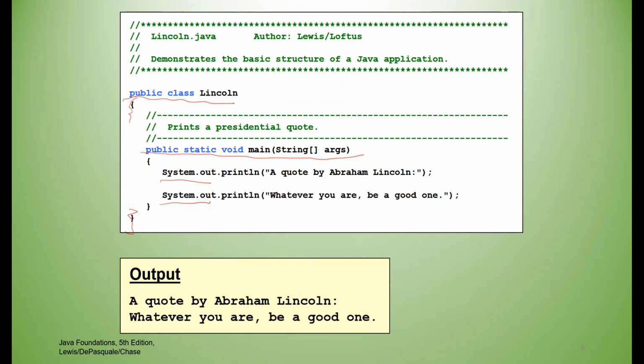This tells you the class ends. This tells you the method begins. This tells you the method ends. And within the method body, you have two statements, 1, 2. And each statement must end with a semicolon. Those are the details.